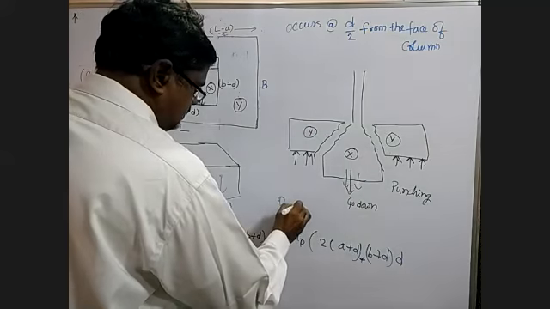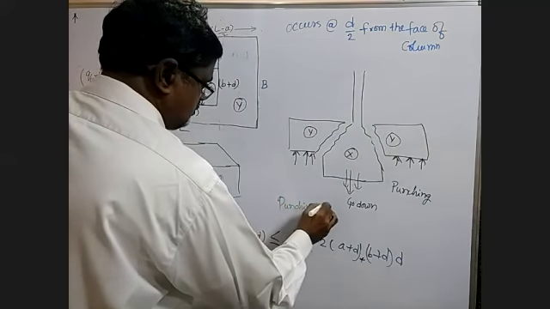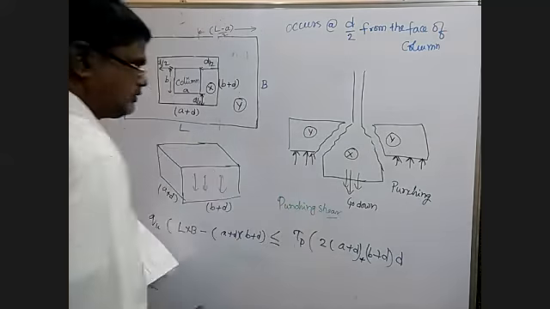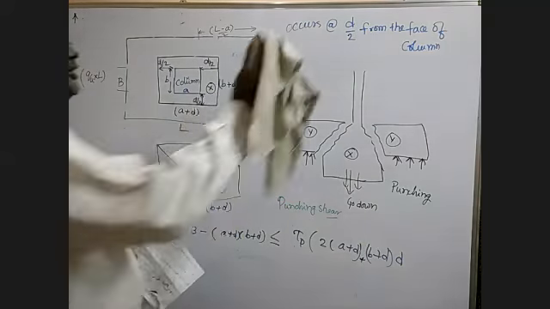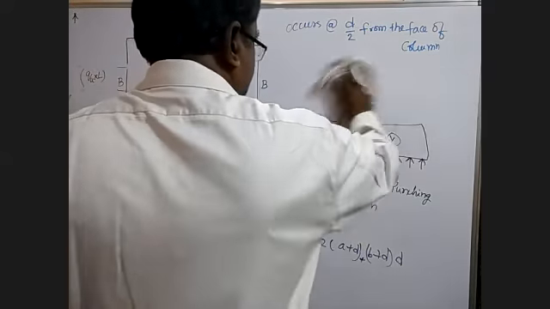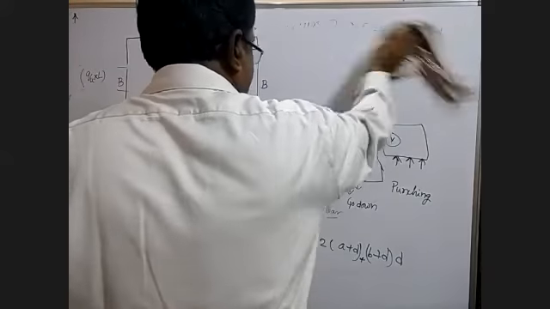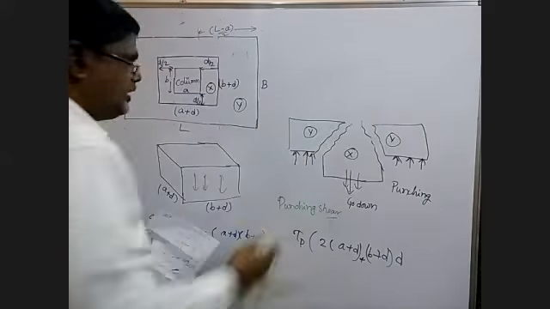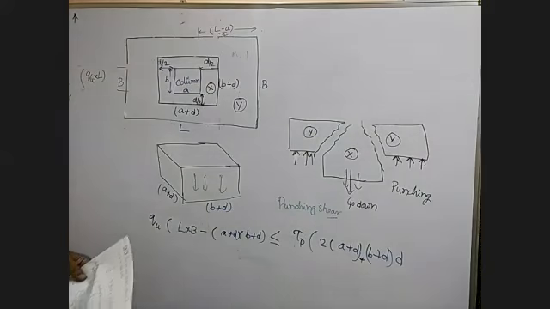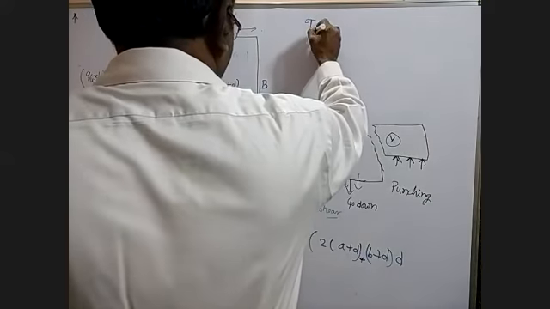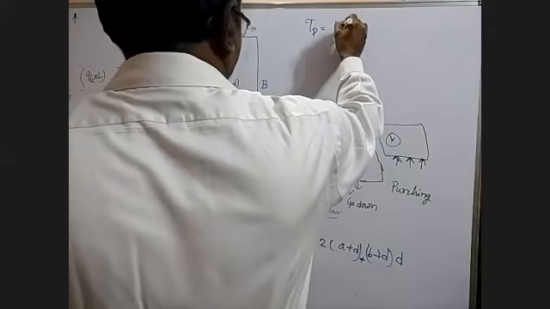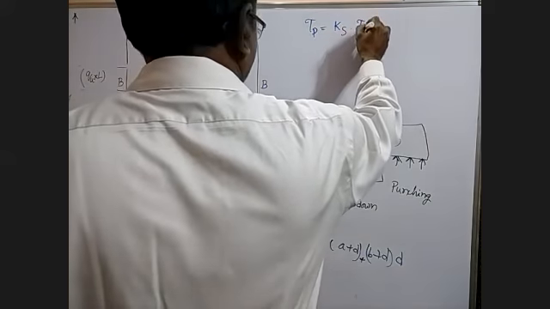What is this punching shear? We have heard a new name, punching shear. So what is this punching shear? This punching shear occurs at a distance of d by 2 from the face of the column. Now tau p is equal to Ks into tau pc.